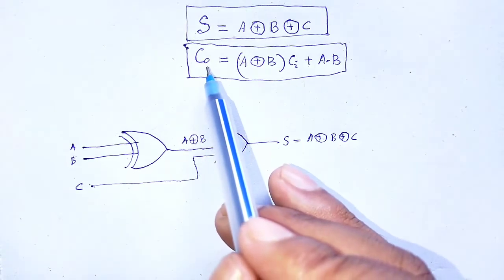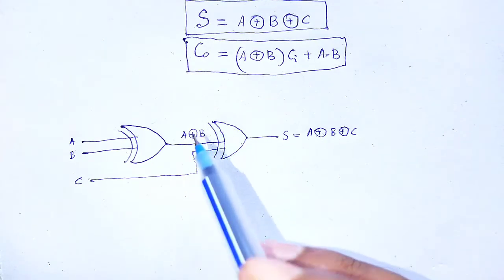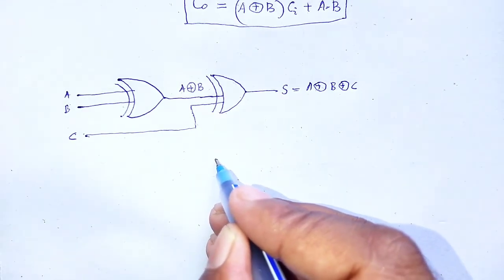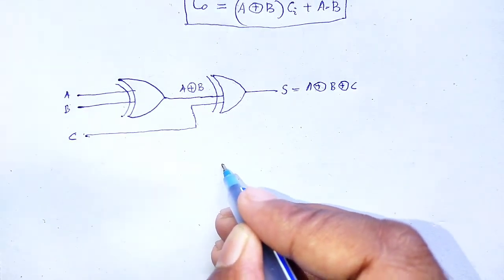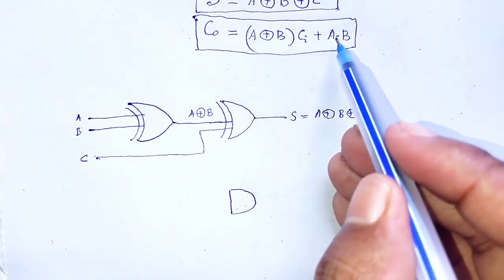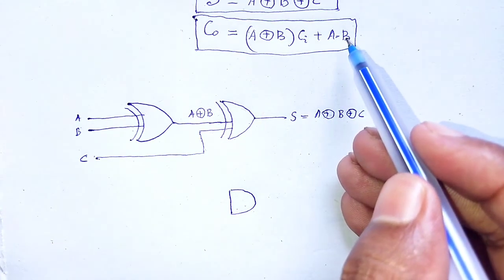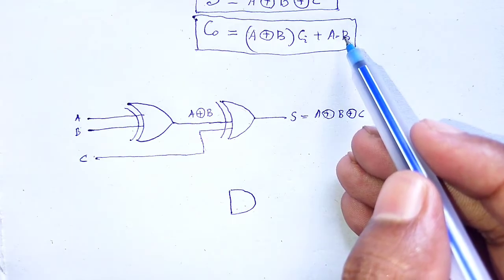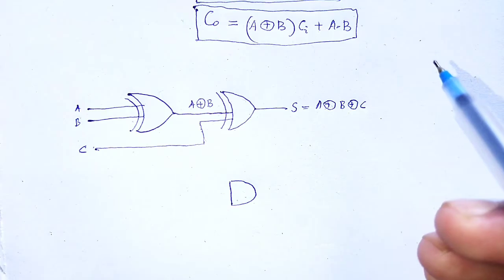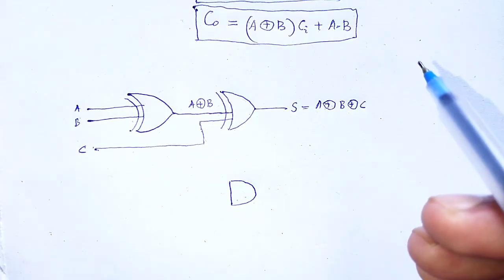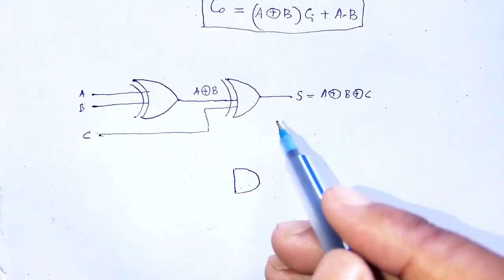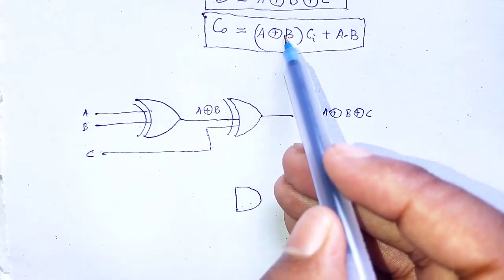Next, for carry out we take an AND gate. It has two inputs.